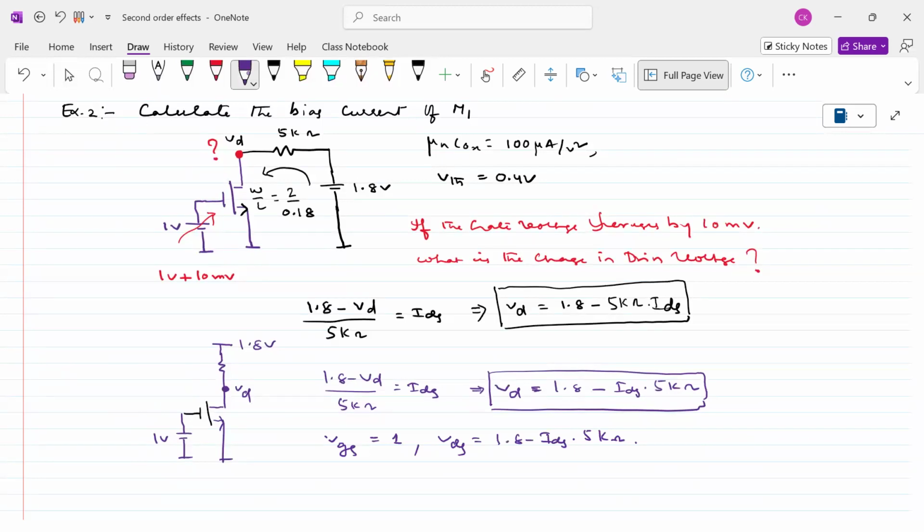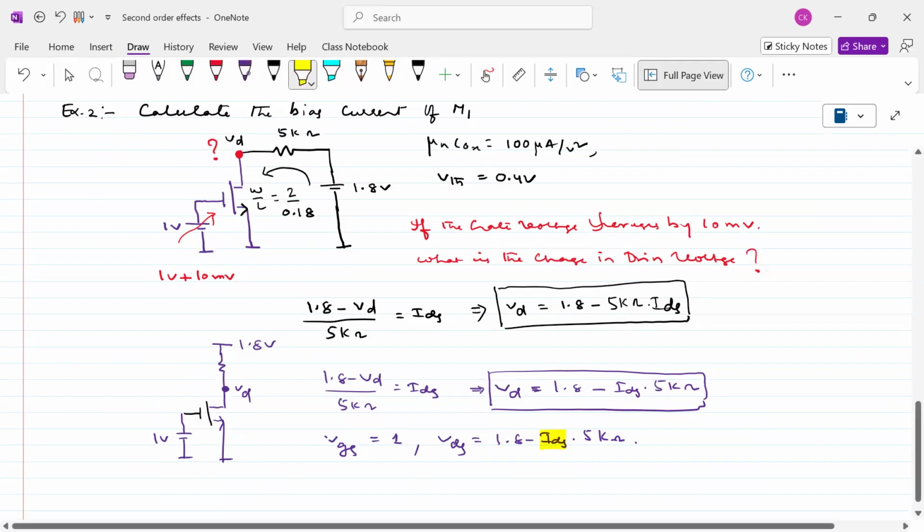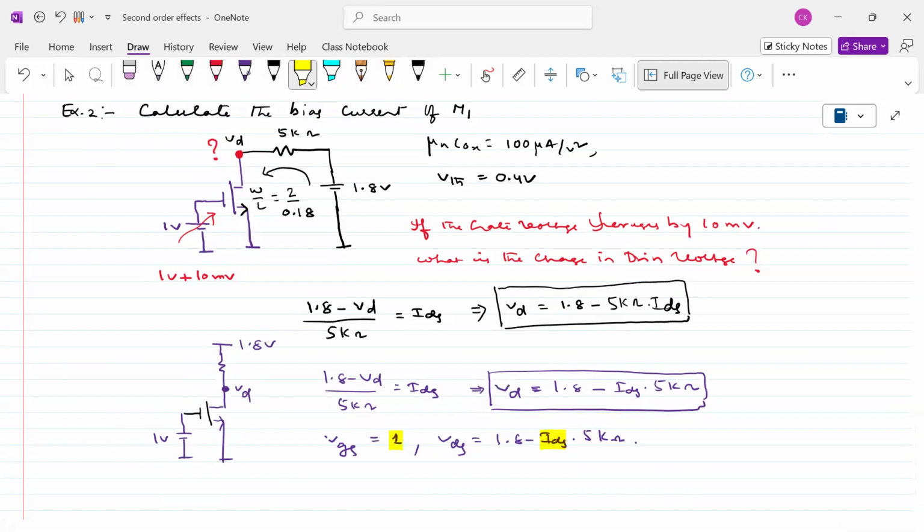Which quantity should you know so that we can tell whether this transistor is in saturation or linear? If you know IDS, then you can compare these two things and say whether it's linear or saturation. If ID is not known, then we have to assume whether it is linear or saturation.